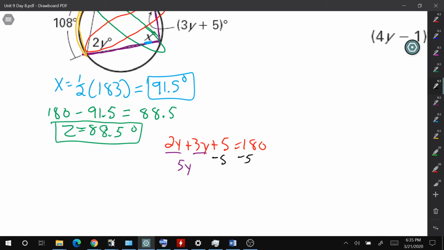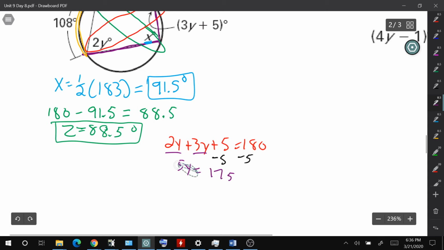So 5y will equal 175. Then when I divide both sides by 5, y is equal to 35.